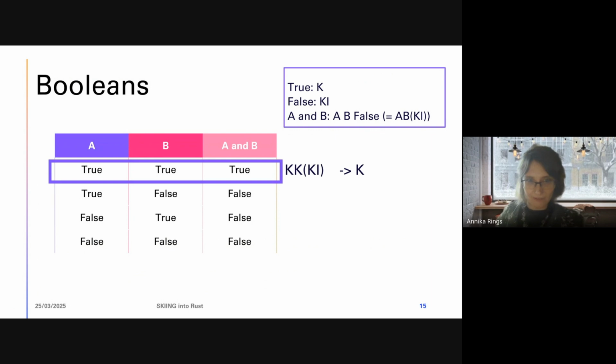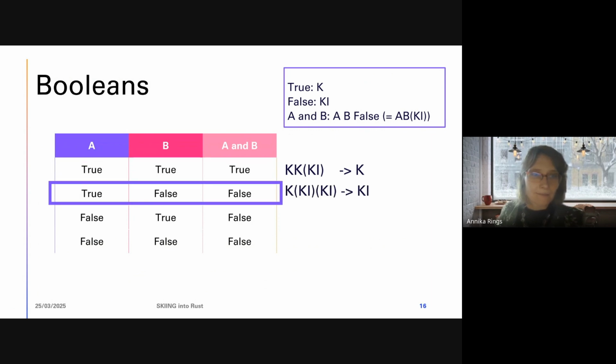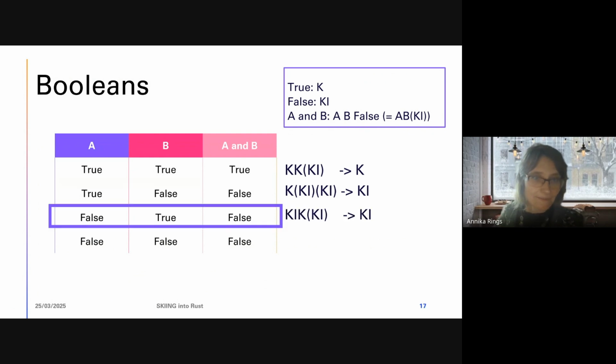So this checks out with the truth table. The second line, true and false, we expect that to be false. So we now write this as K, KI, KI. Again, we evaluate it from left to right. K returns the first argument, which is KI, and this is our encoding for false. So this also checks out.